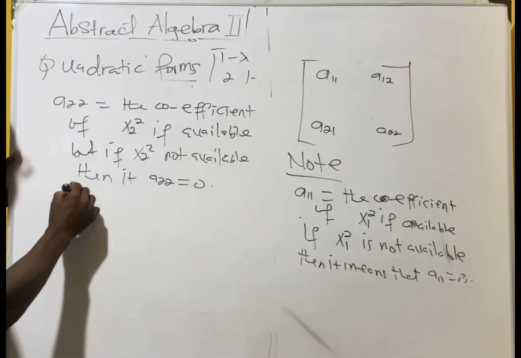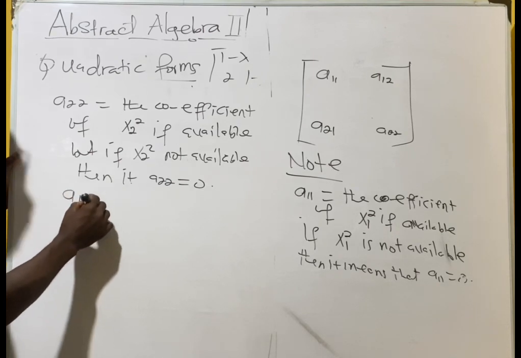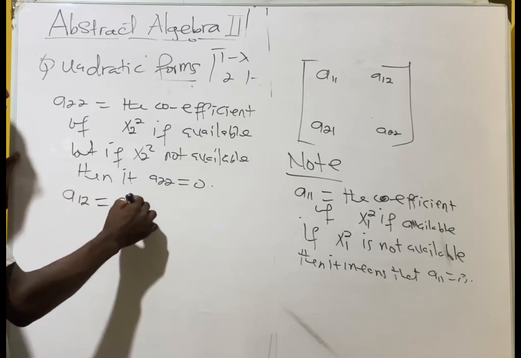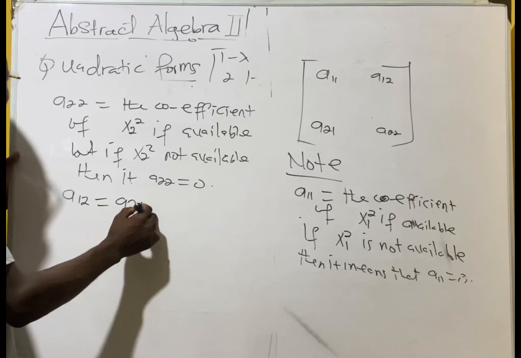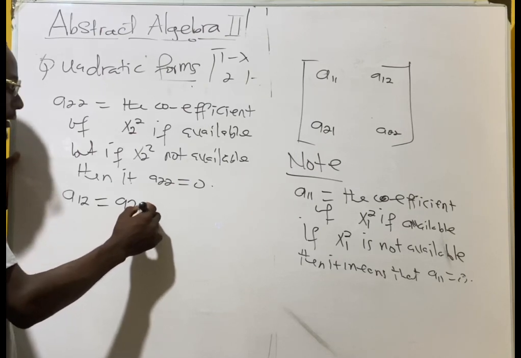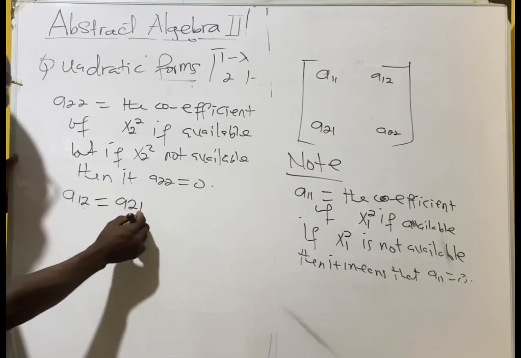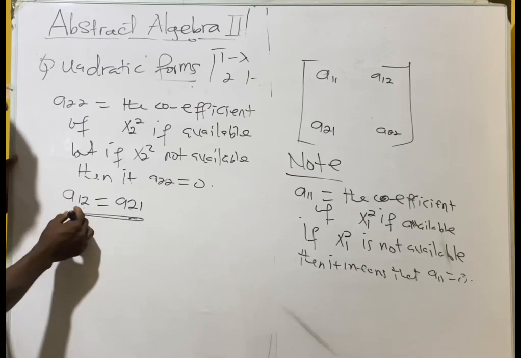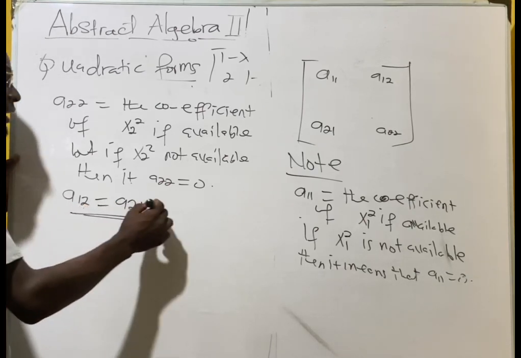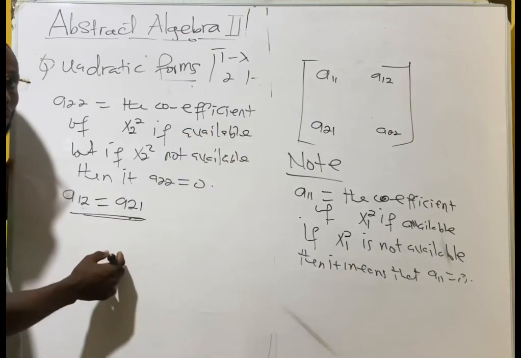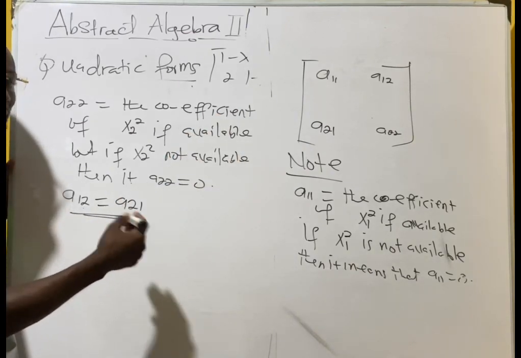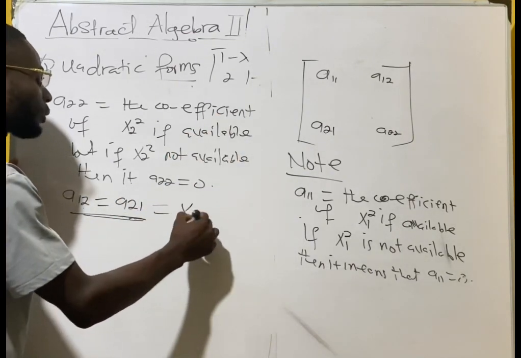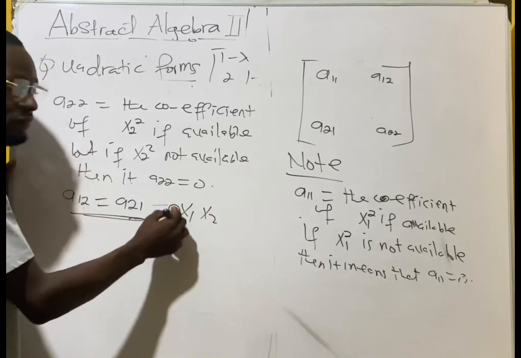Now, A12 is equal to what? A21. Right? A12 is equal to A21. And that is the coefficient of the cross of x1 x2. So that is x1 x2, the coefficient of this.